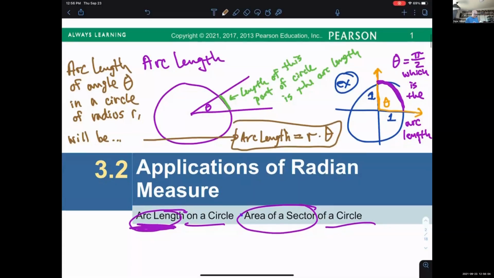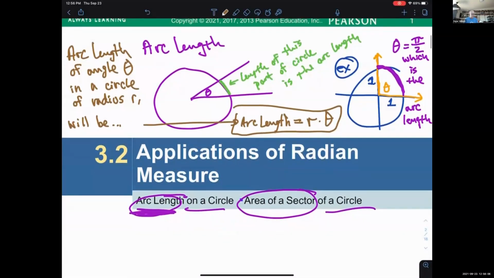They'll show that to us on a slide, but this is the idea from our discussion before. Now, the area of a sector of a circle: a sector of a circle is the part of the circle that you get when you open to an angle theta. But instead of looking at what arc part of the circle the angle has selected, the sector would be the area in the circle that you get with that angle theta, in that slice of the circular pie.